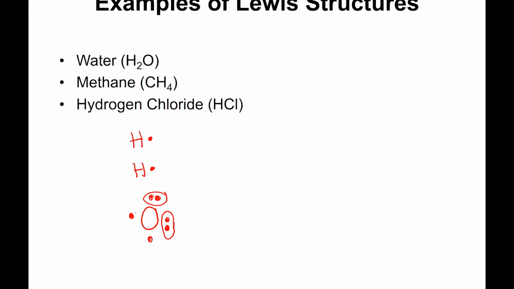Anything that is left alone by itself will be bonding electrons. So in this case, you can see that there are 2 bonding electrons. That means that oxygen will form 2 bonds.